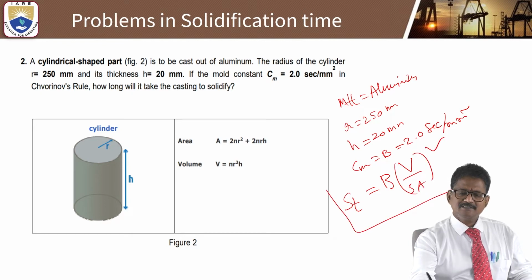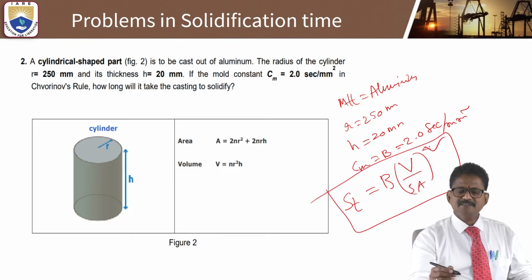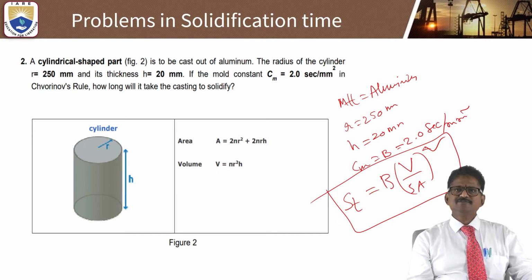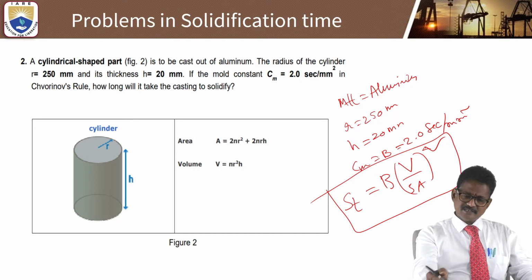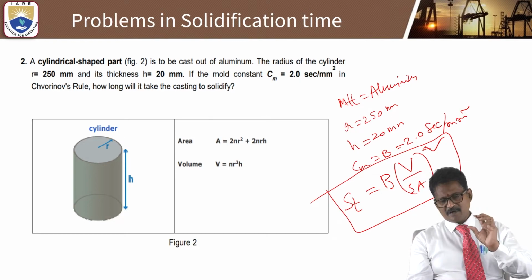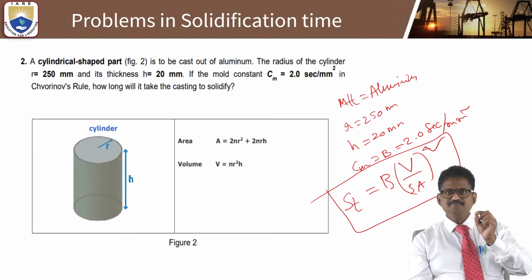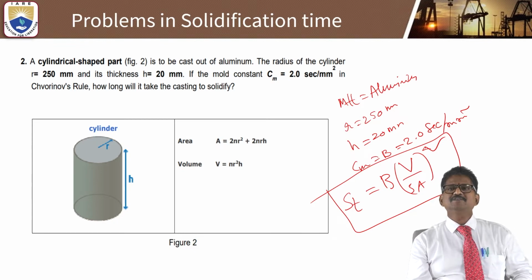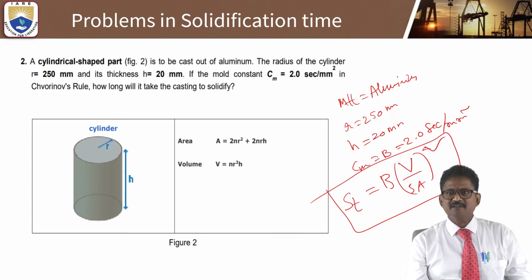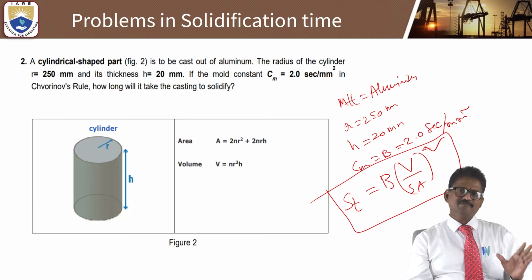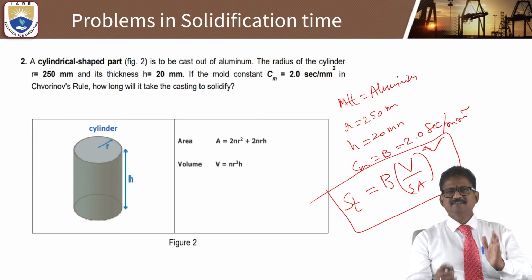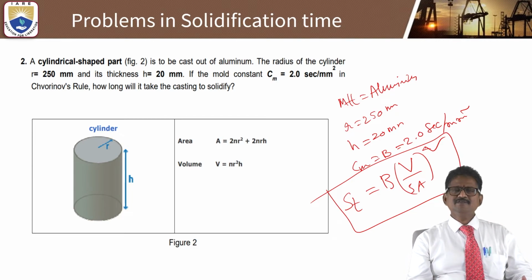This is the general equation derived by the scientist. The solidification time is equal to a constant factor B, which is the mold constant Cm given as 2.0 second per mm square, and V is the volume of the object.